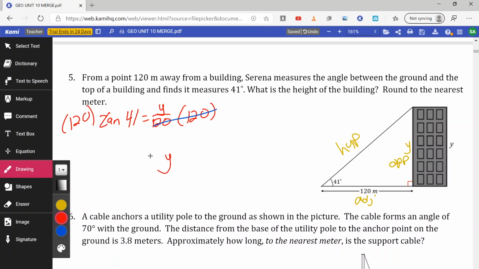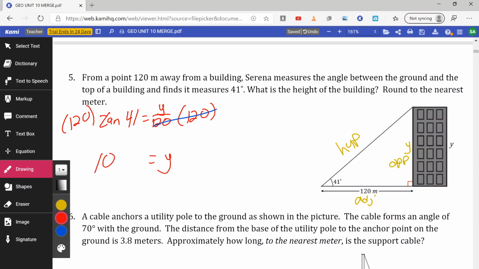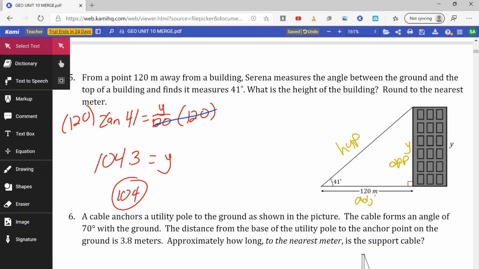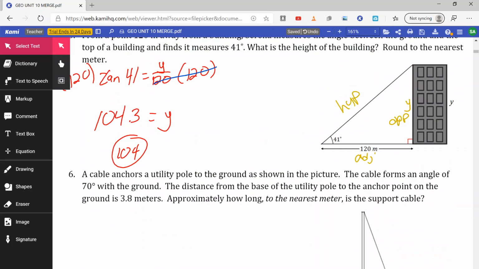So we are left with y is equal to 104.3 meters. And according to rounding, it would be 104 once we round it. And that is using angle measurements in trig ratios.